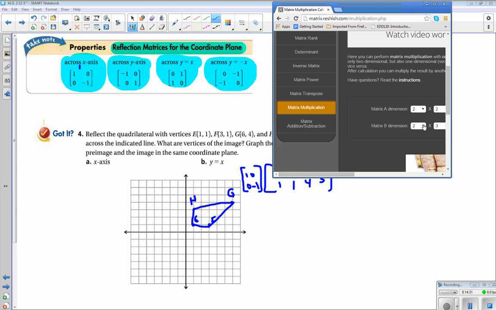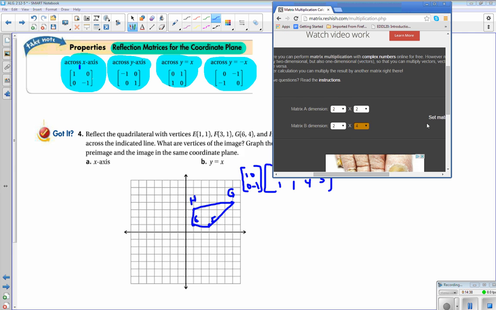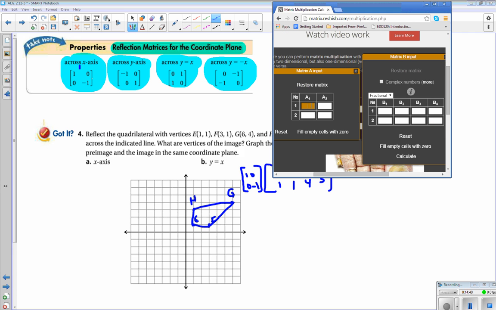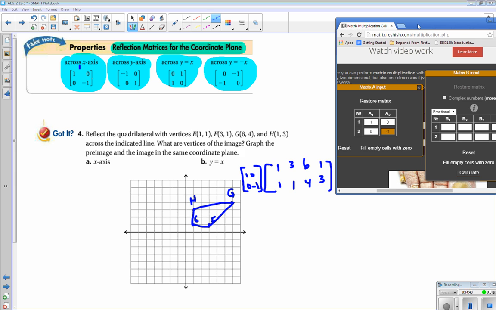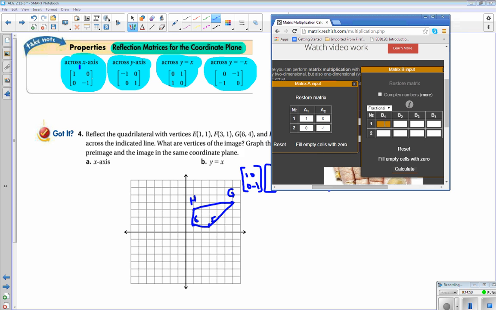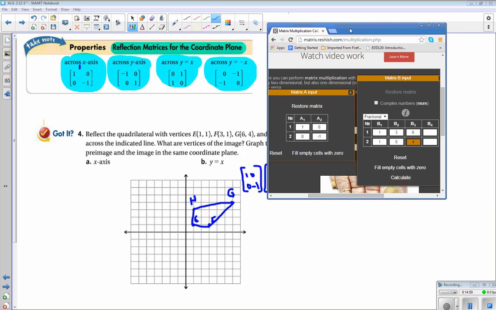I got my 2 by 2 and my 2 by 4. So this is 1, 0, 0, -1, and then the other matrix is 1, 1, 3, 1, 6, 4, and 1, 3.